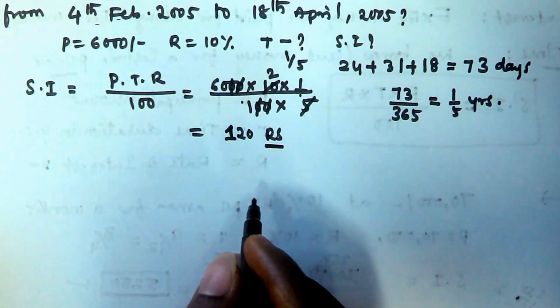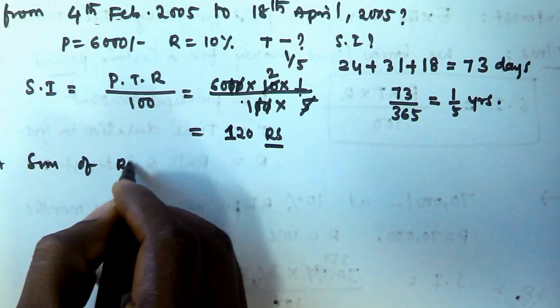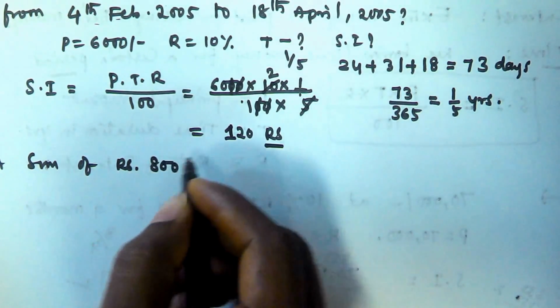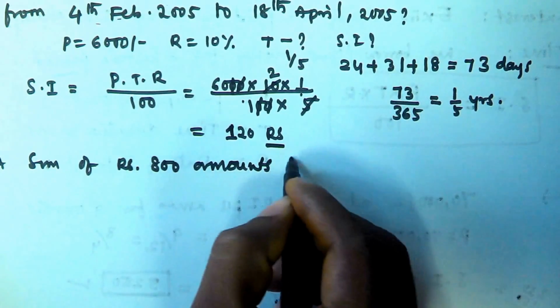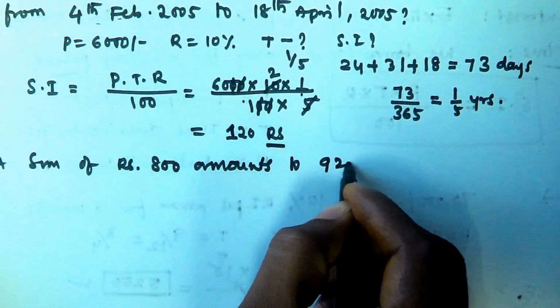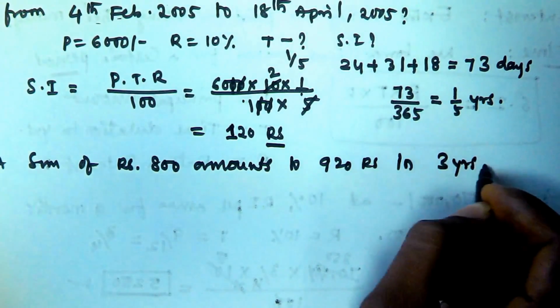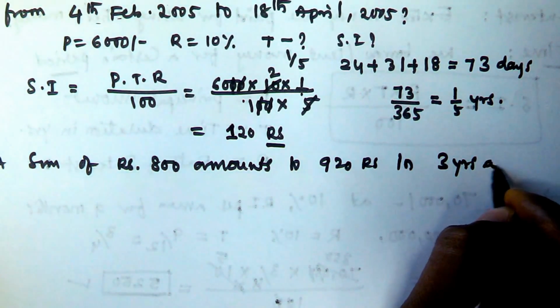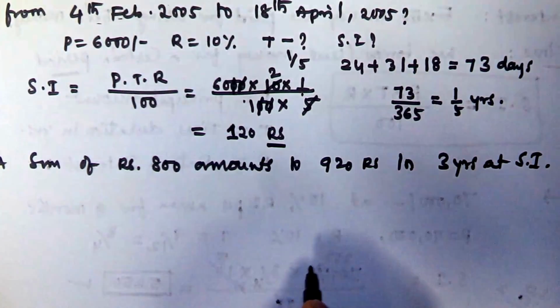Okay, for example, a sum of rupees 800 amounts to 920 rupees in 3 years at simple interest.